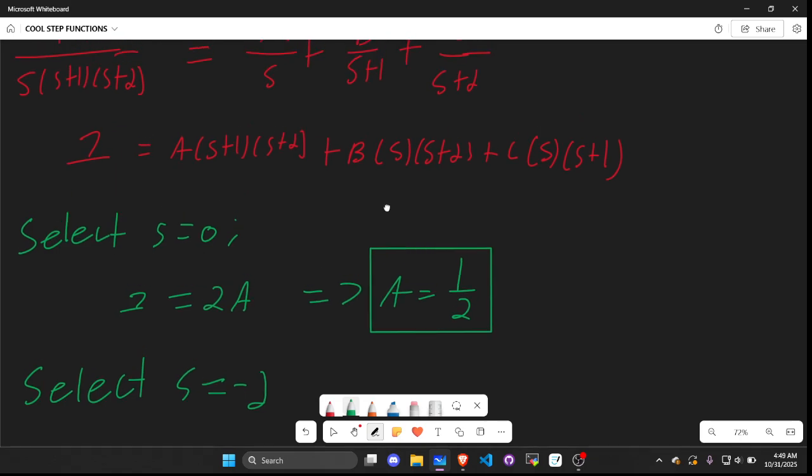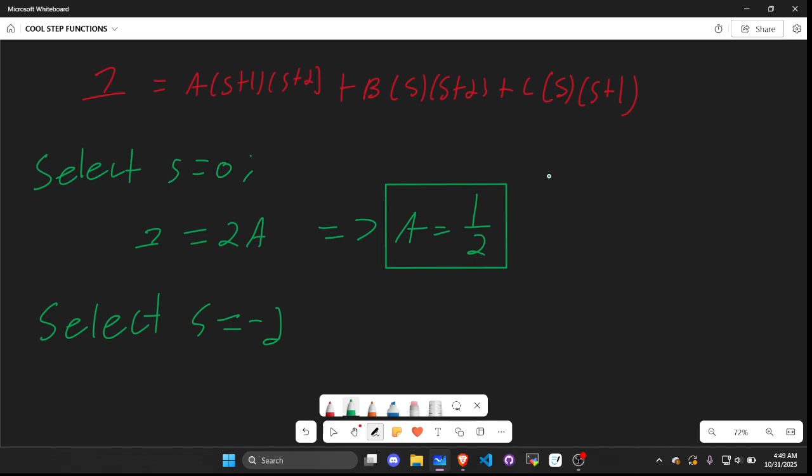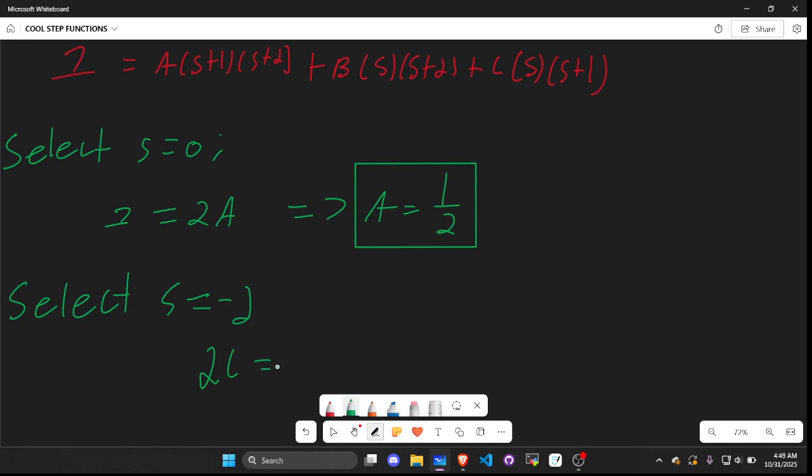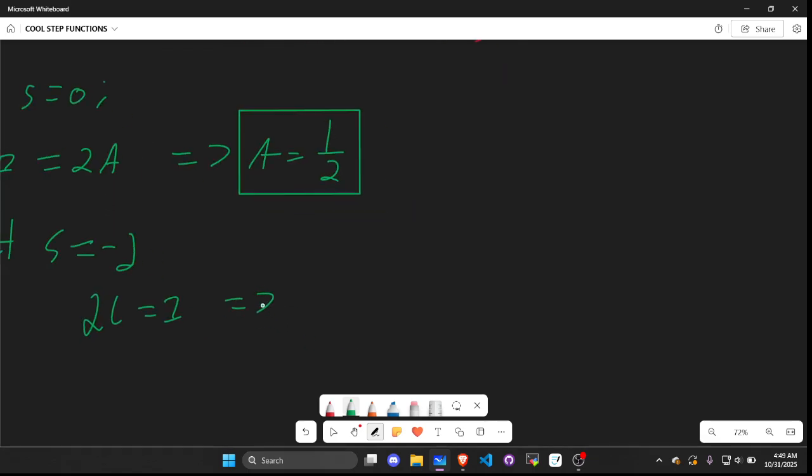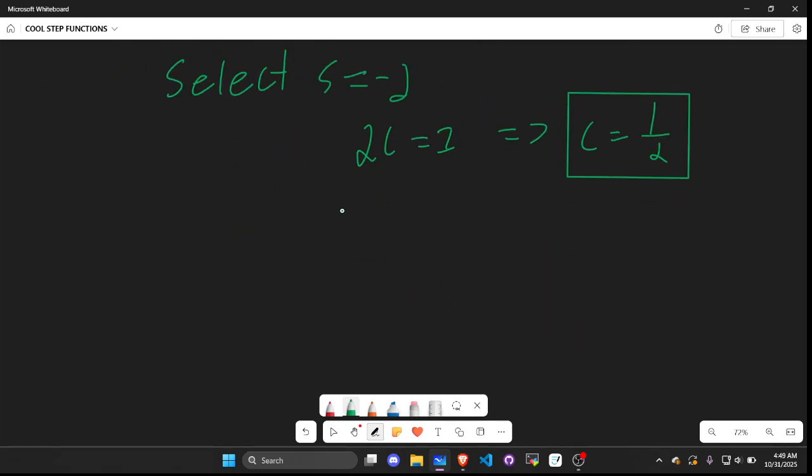So -2 plus 1 is -1, and -2 times -1 is 2, so you get 2c is equal to 1, which means that c is also equal to 1/2, just like a is. Very cool, very nice. And now for our final s, we'll select s equals -1, and this should be the easiest one.